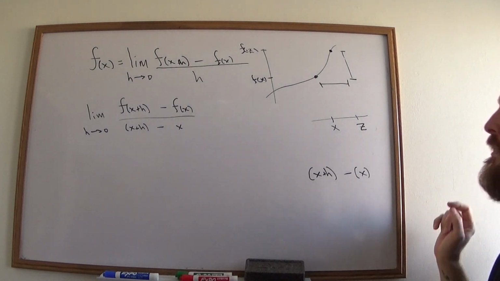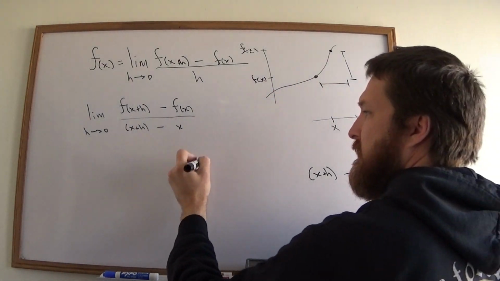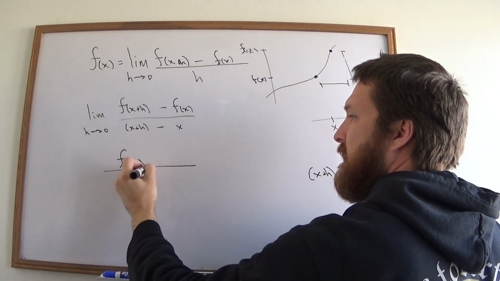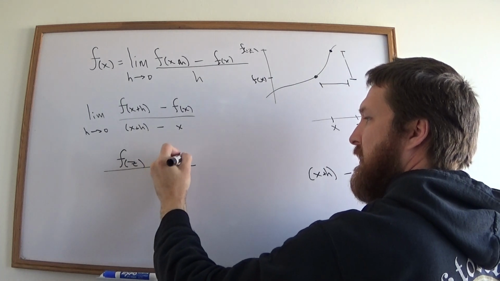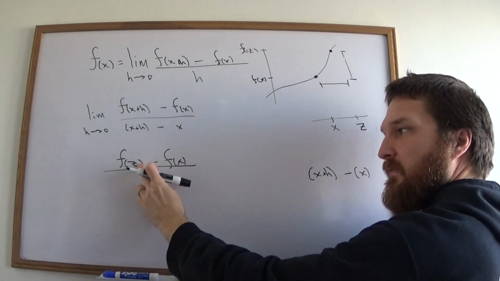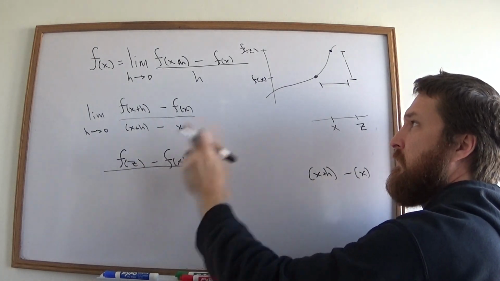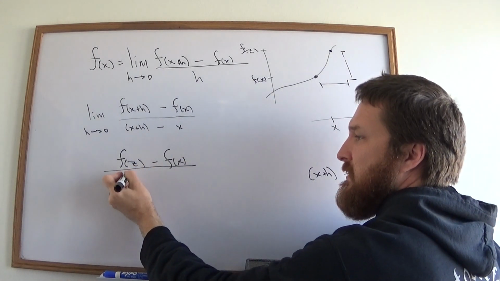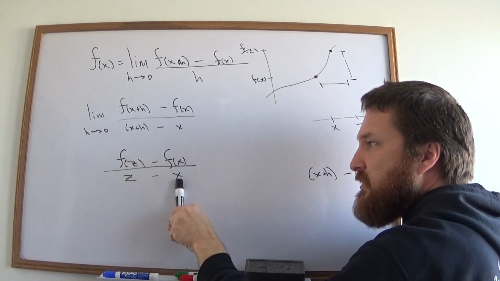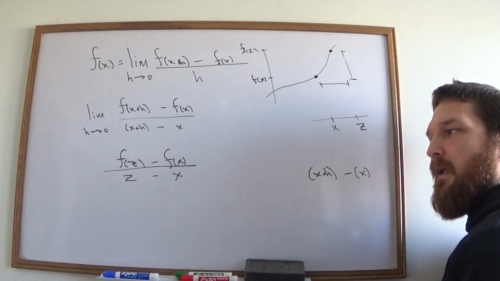Now I want to set up the same difference quotient, and instead of x plus h, it's just f of z minus f of x. In the bottom, as long as we're consistent, as long as whatever shows up here shows up right here, it would be z minus x. As long as those match up, I'm fine. But now here's the question.